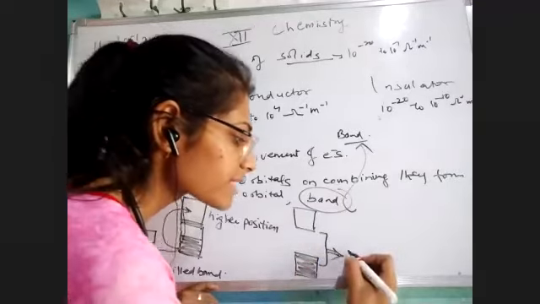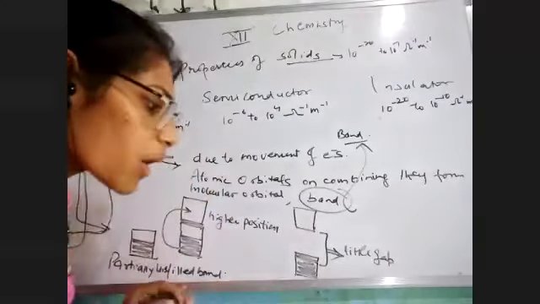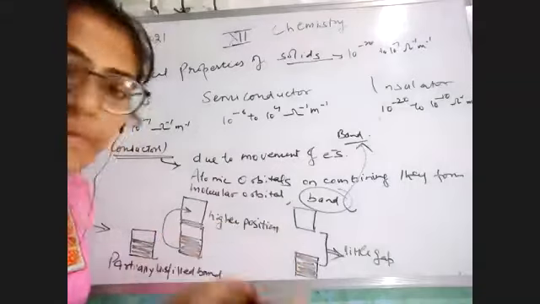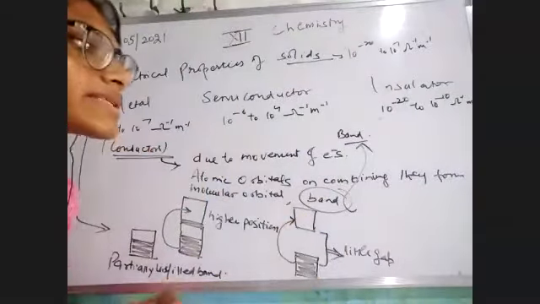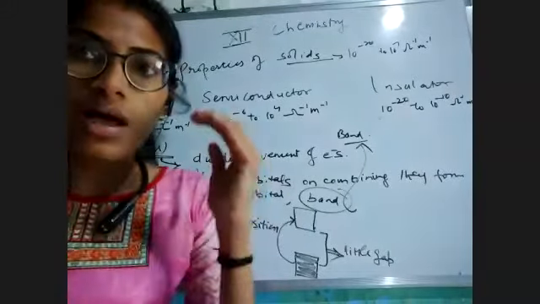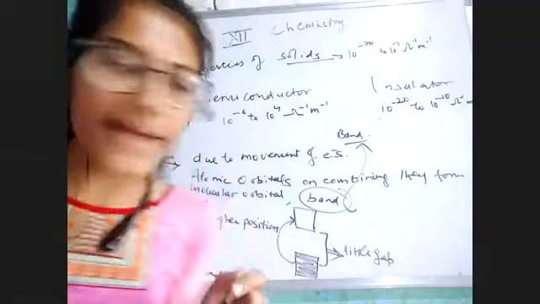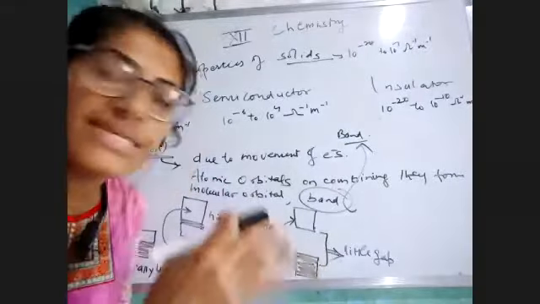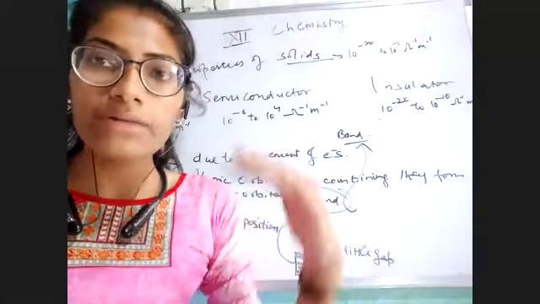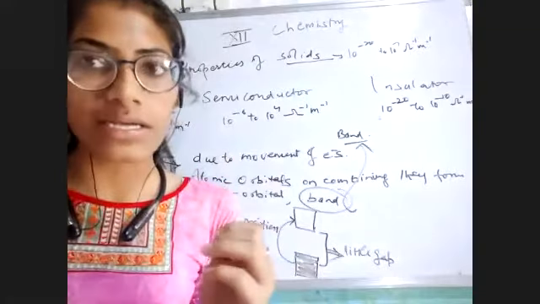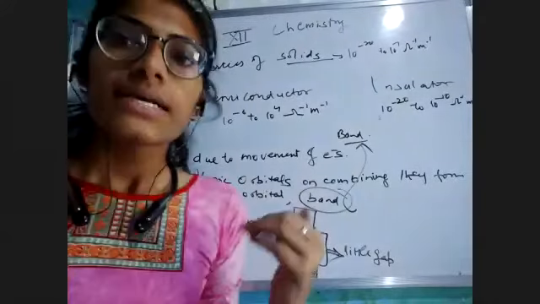We can say there is a little bit of gap. Now electrons from this completely filled band can jump to the higher band, which is a little bit unoccupied, but they would do it with a little bit of difficulty. Why? Because there is a gap, a distance between these two bands. So electrons jumping from one level to another attain some difficulty, and that's why they are known as semiconductors.